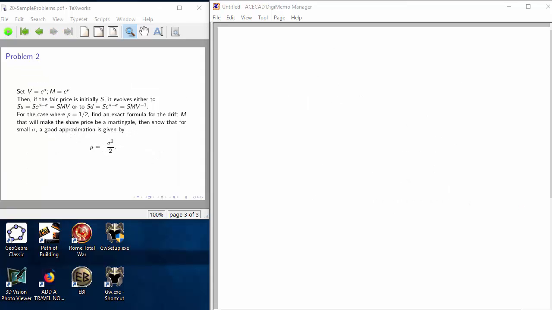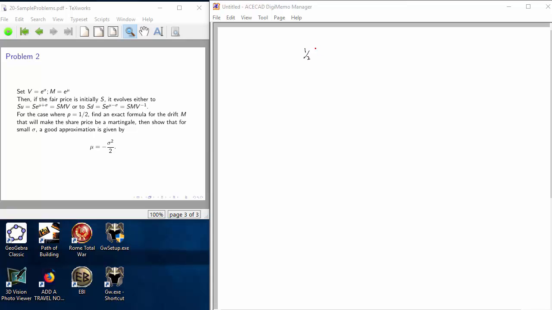Now we'll try something a little bit different. In the previous problem, I allowed the probability for going up and going down to be different from a half. This time I'm going to constrain that to be a half and instead make the share price be a martingale by picking the right value of M. So, what do we need?